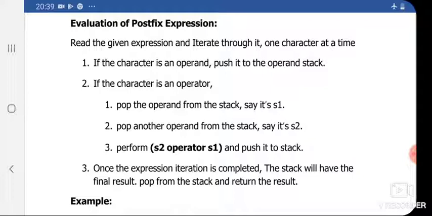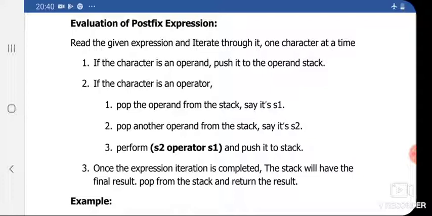But if the character is an operator, at that time we pop the first two operands from this stack. Let us say them as S1 and S2. Then we perform S2 operator S1 operation, that is, we perform the operation with respect to that operator, and then we push the result back to the stack.